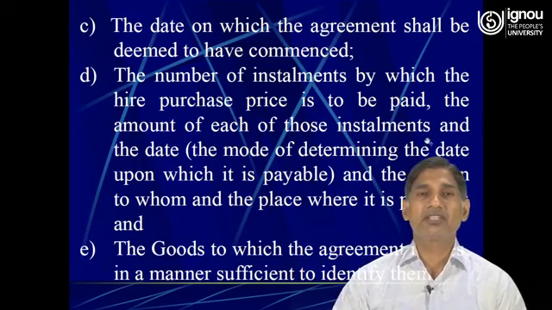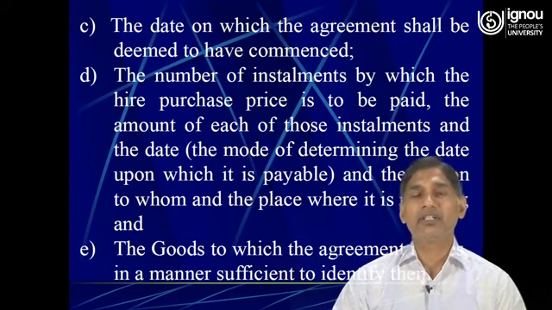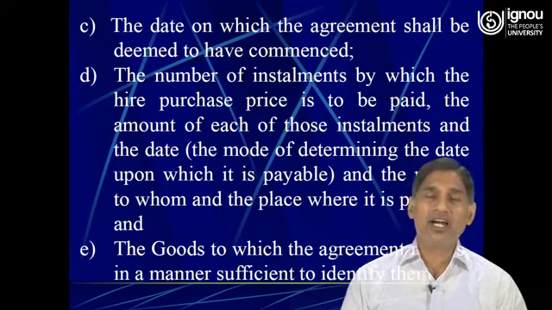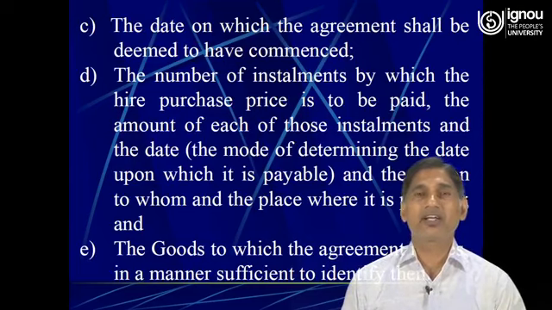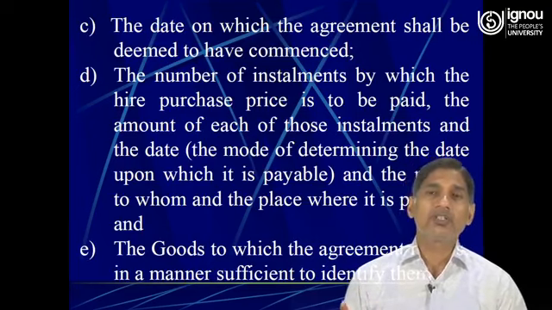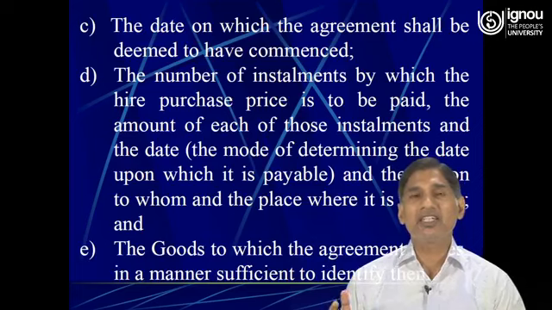Then the next one is the goods to which the agreement relates, in a manner sufficient to identify them. It means the article or the product which is going to be sold by the hire vendor and bought by the hire purchaser must be clearly stated.